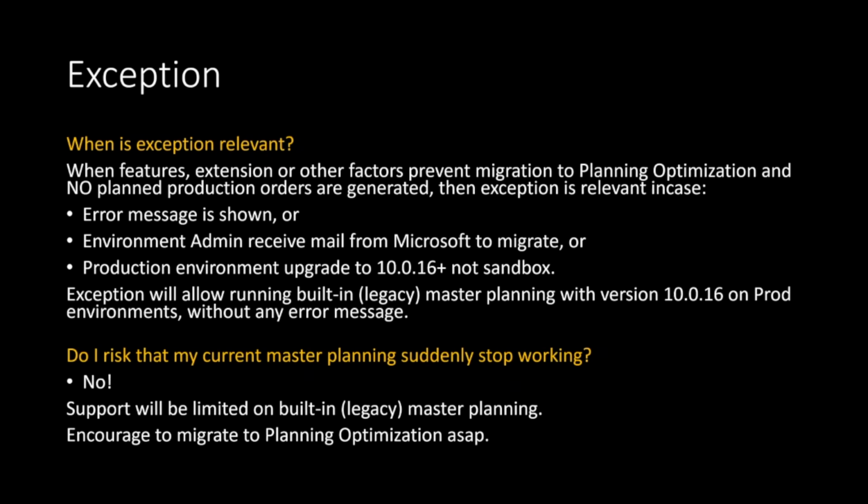Then it's relevant only in case the error message is shown, or your environment admin received a mail from Microsoft, and you plan to upgrade to 10.16. The exception, once we enable it, will allow you to run the built-in master planning without this message shown.